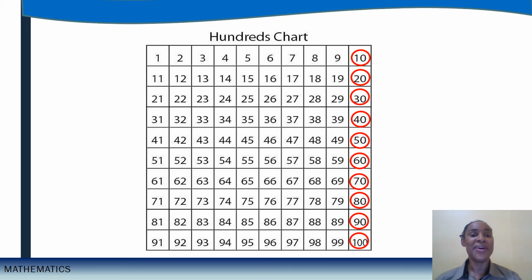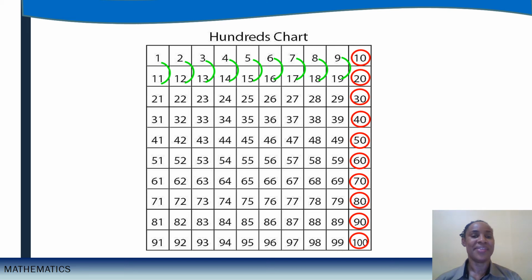Wow, boys and girls. Let's check to see. The first number is 1. The number below 1 is 11. The second number is 2. The number below 2 is 12. Have you seen a pattern as yet? Let's look at the others. And there we have them.